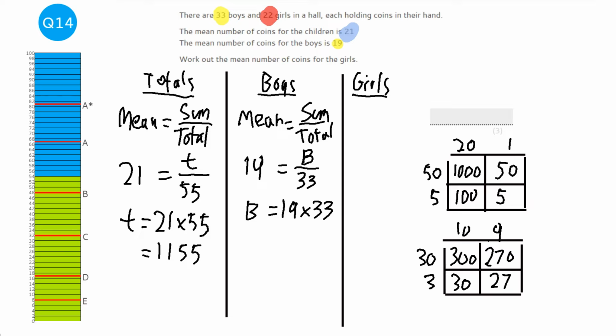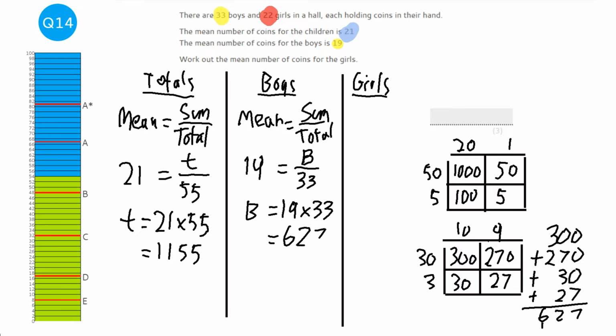Okay, so let's just add those up. That's going to be 570. Let's do the working out for fun. So that's going to be a 7, that's going to be 12, and that's going to be 6. So the boys' total is 627.